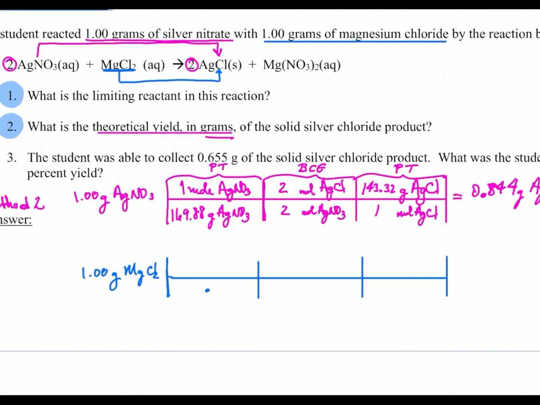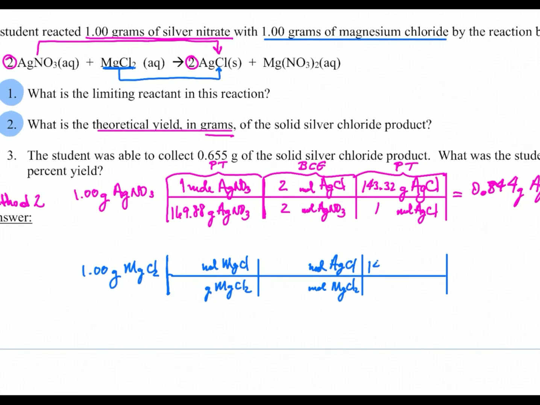So we'll go from grams of MgCl2 to moles of MgCl2, from moles of MgCl2 to moles of product, and again, that's going to be AgCl. And this last step is obviously going to look exactly the same. It's going to be a 1 in front of MgCl2 and it will be the same 2 in front of AgCl.